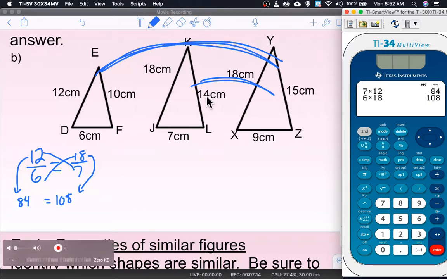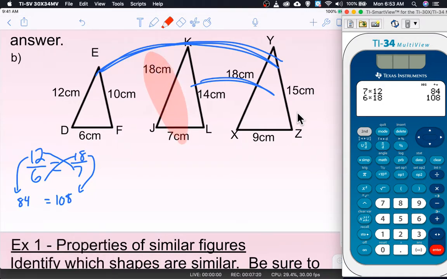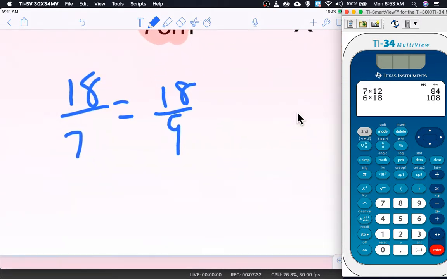So I guess I'm going to do this one first. I'm going to use those same two sets of sides. I like those sides. I use this and this. 18 over 7 equals 18 over 9. Now, working smart, not hard, I can see this is not going to work.